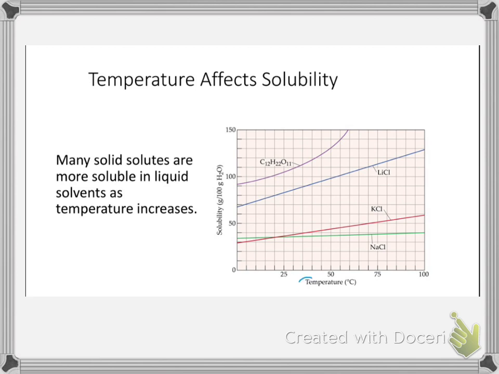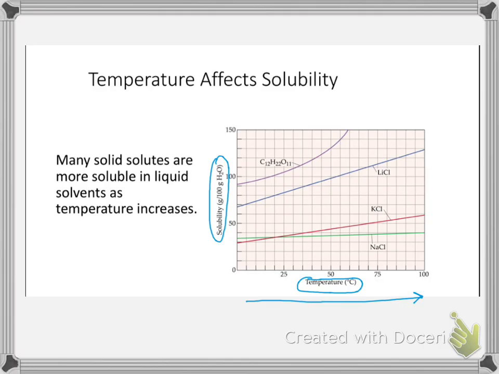Along the x-axis, we have the temperature, increasing from 0 to 100 degrees, and it's in water, so it goes from freezing to boiling. And along the y-axis, it's the solubility, so how much will dissolve in that water.